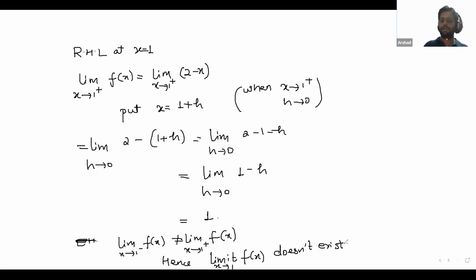So if LHL and RHL are unequal, then we say the limit does not exist. I hope you understood this concept: in the LHL RHL case, you need to find these two separately. If these two are unequal, the limit does not exist. If these two are equal, then the limit exists.